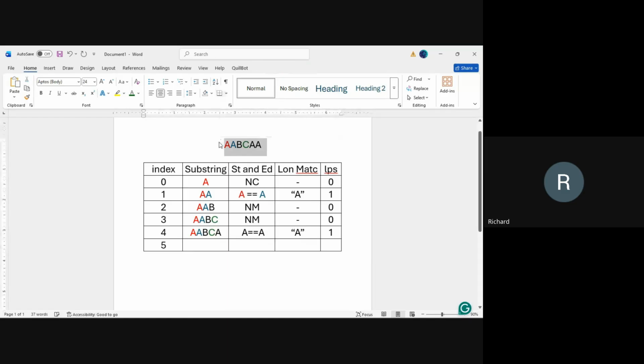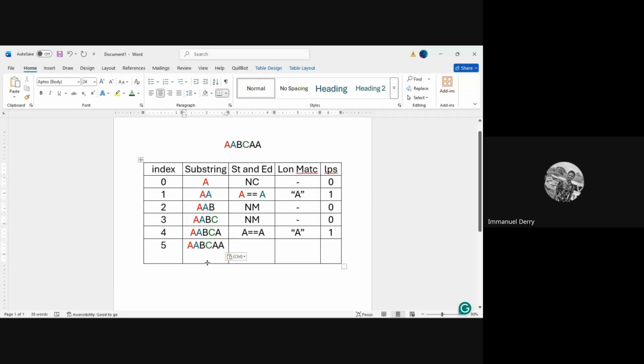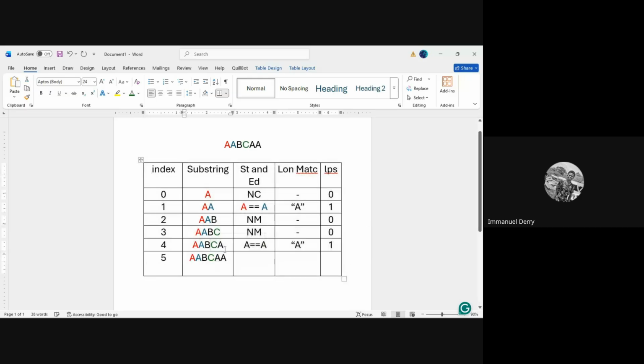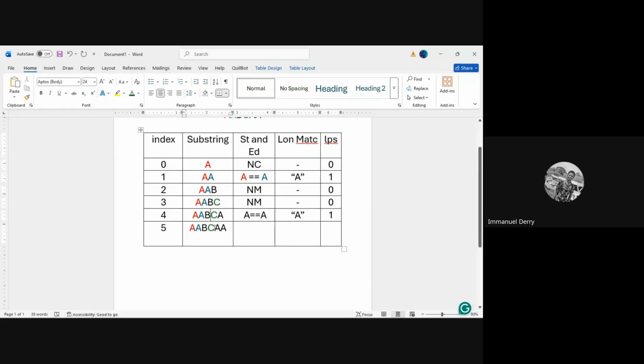Yes, please. Now we have the final pattern, which is this one here, AABCAA. Do we have a match in this? Yes, please. So this is AA and this is AA.